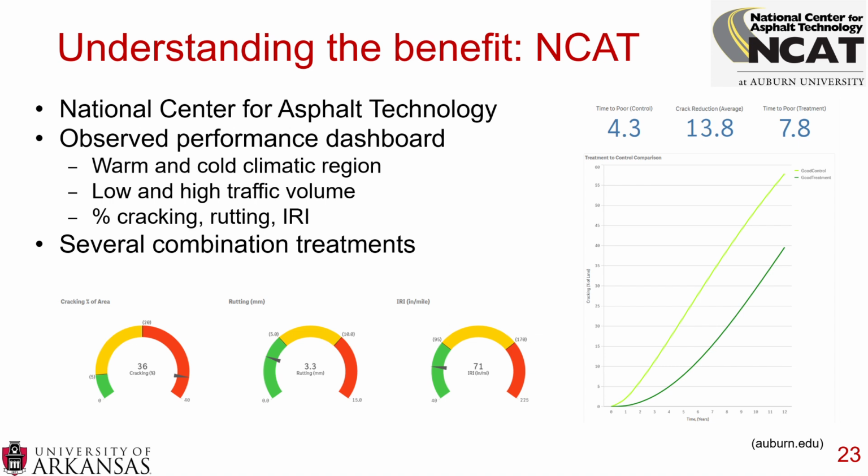They actually have deterioration curves showing percent cracking versus time. This is actual data from actual field sites, and they have a control and a treatment, so you're able to see how these treatments help all of these sections. They have many different types of combination treatments available on their website, so definitely go to the pavement preservation portion of the NCAT website. Lots of good things to poke around with there.